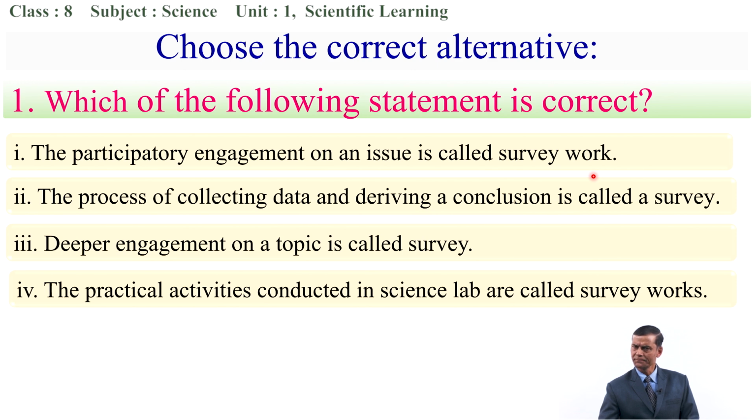Second, the process of collecting data and deriving a conclusion is called survey. Third, deeper engagement on a topic is called survey. The fourth, practical activities conducted in a science lab are called survey work.